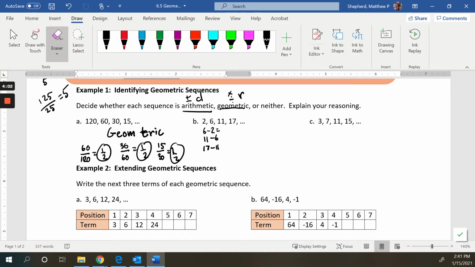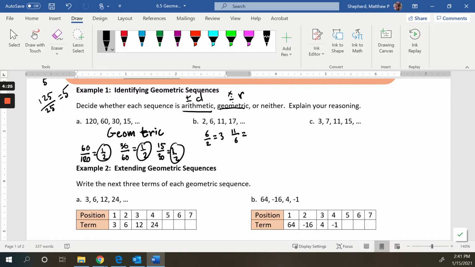If I go back and try again with geometric, 6 divided by 2 gives us a 3. 11 divided by 6, well, I don't know what that simplifies into with a decimal, but it definitely does not equal 3. I think it's about 1.6 repeating.